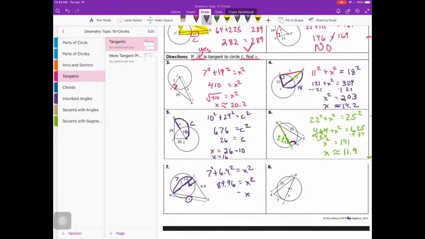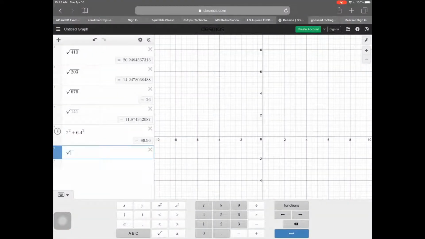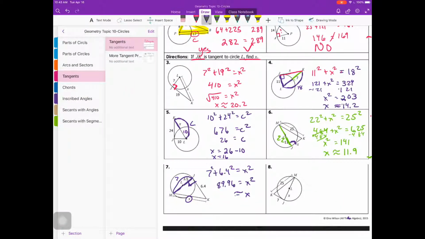X squared, and then to get x, we're going to take the square root of 89.96. We get approximately 9.5. All right, so last one for this page.